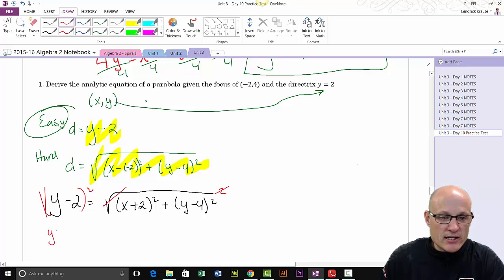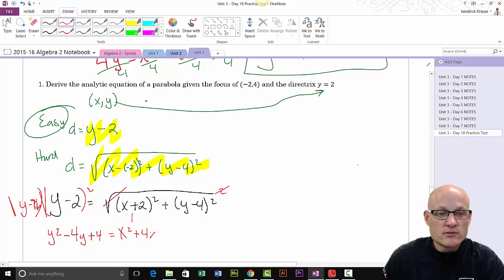On this side, I get y squared minus 4y plus 4. Again, if you need to learn how to double distribute, just write it out. I'm going to double distribute this out, and I get x squared plus 4x plus 4 plus y squared minus 8y plus 16.